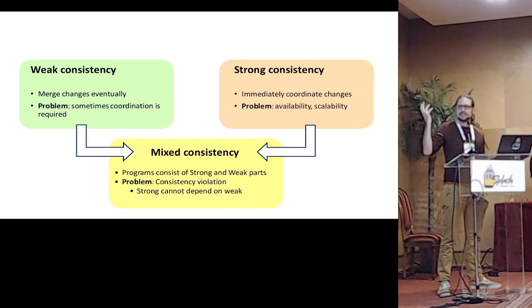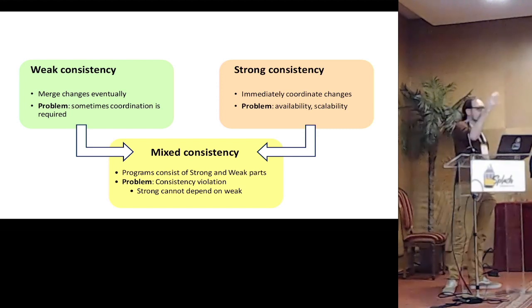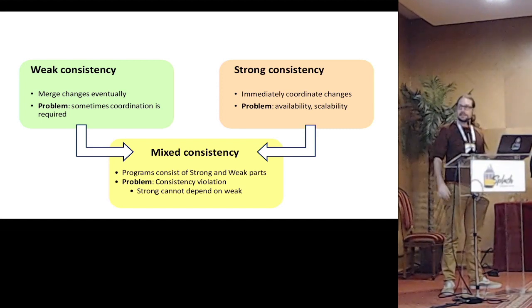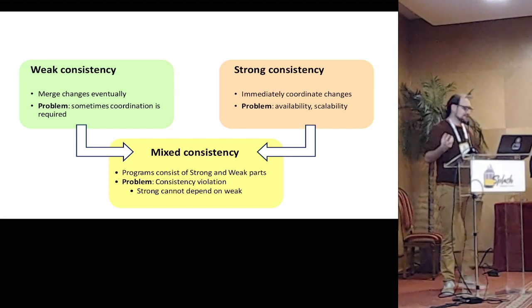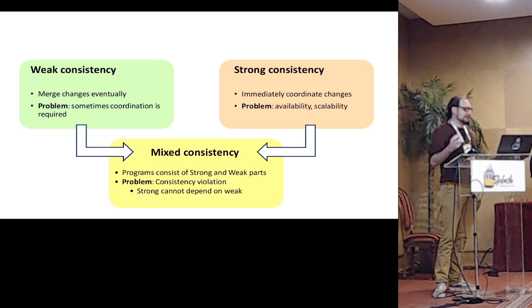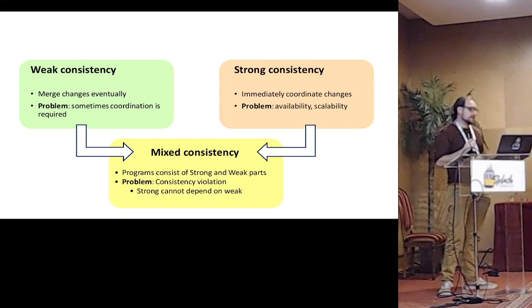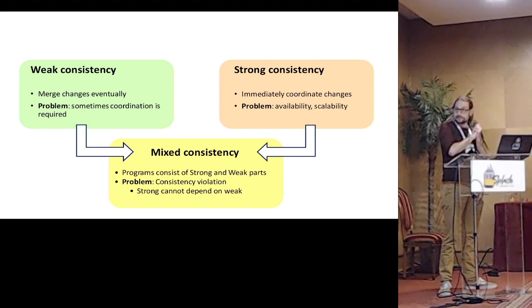which means that a program can consist of strong parts and of weak parts. But when you have an application of strong and weak parts, you actually have to reason about how these two parts interact with one another. So when we go back to this authentication example, let's assume that you have some credentials that are replicated with weak consistency.